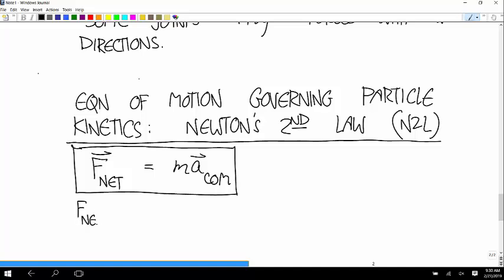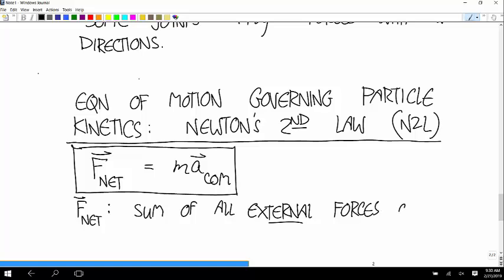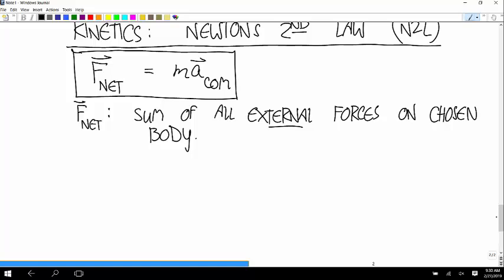So F net is the sum of all external forces on the chosen body. Why don't you have to worry about any internal forces? Because of Newton's third law. M is the mass of the chosen body.